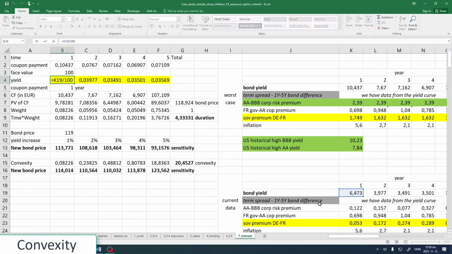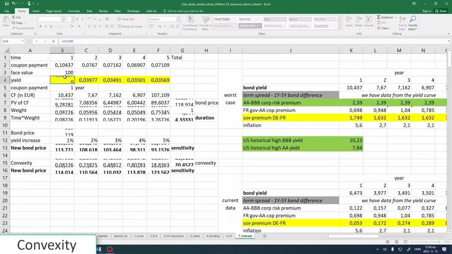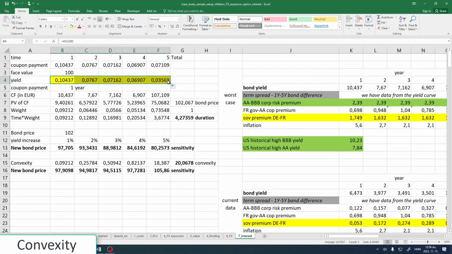So we should move this upwards as well. So after that we can see that if we are in a high yield situation, then even if yields are increasing further and further, then bond price will decrease a lot.